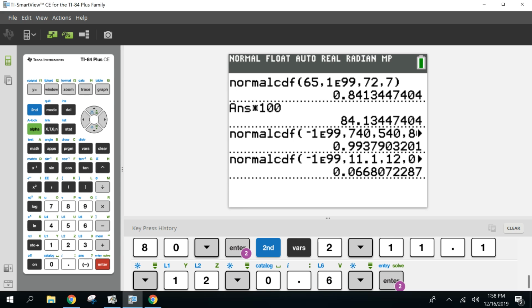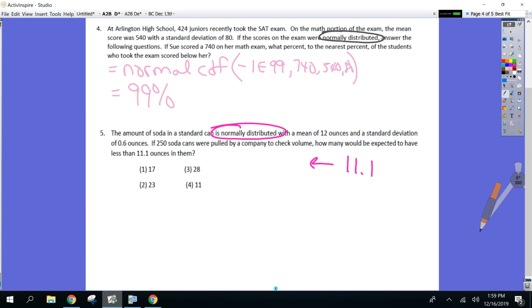About 6.68%, right? That's not what I'm asking for, though, and obviously that's not multiple choice, because I want you to do something with it now. 6.68% of how many cans?